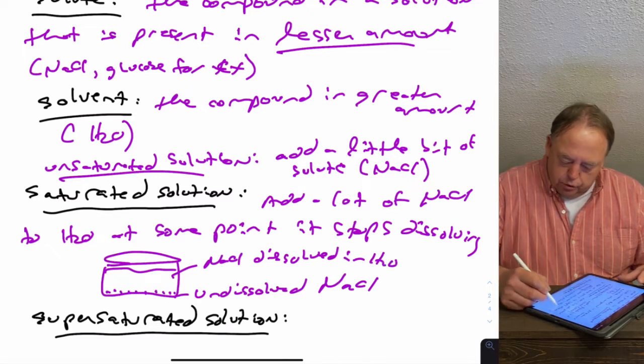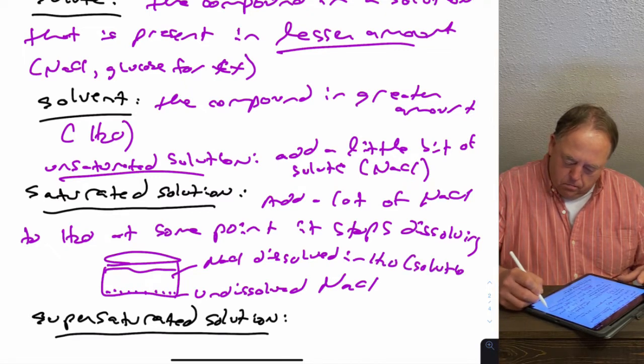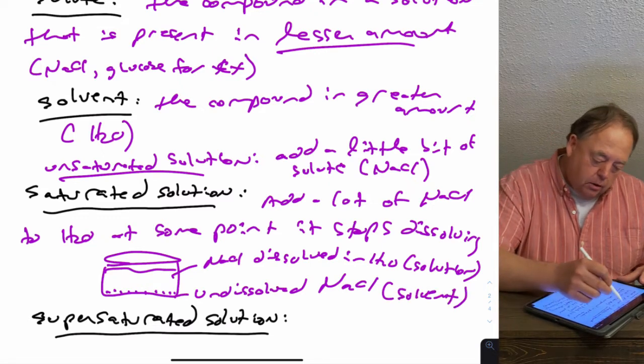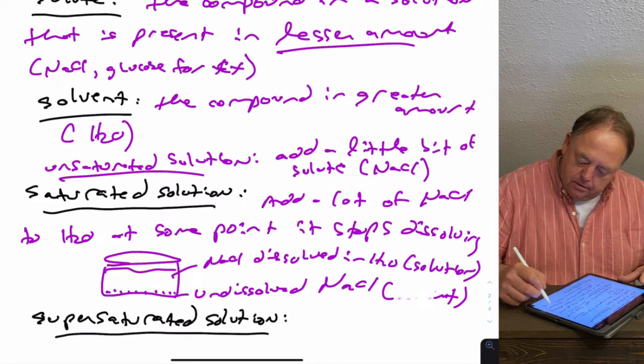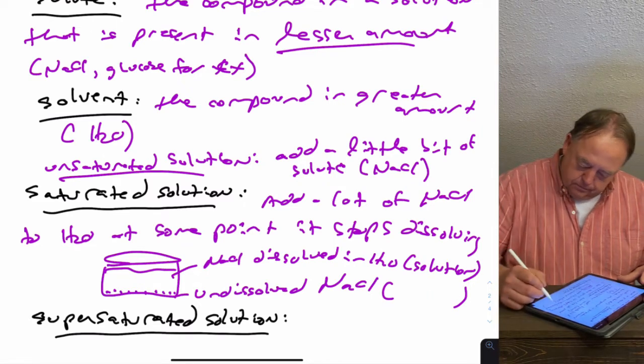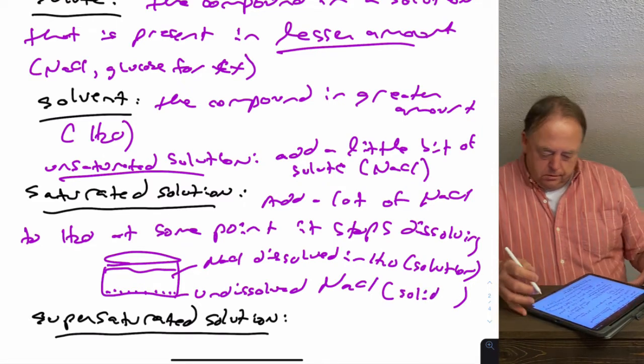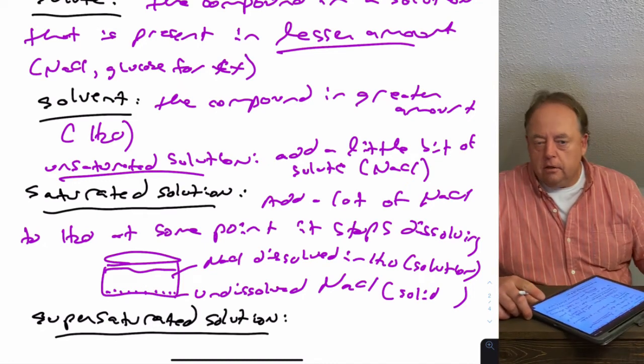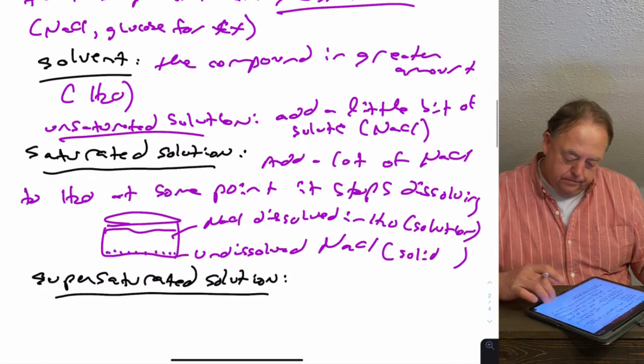All right, so you have a solution and salt, or a solid, both present. It doesn't have to be solid, it could be a separate liquid that didn't dissolve fully in the solution.